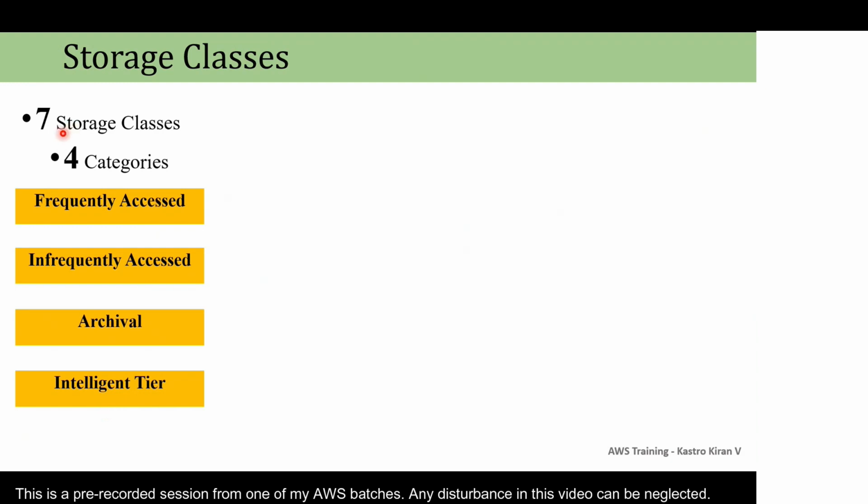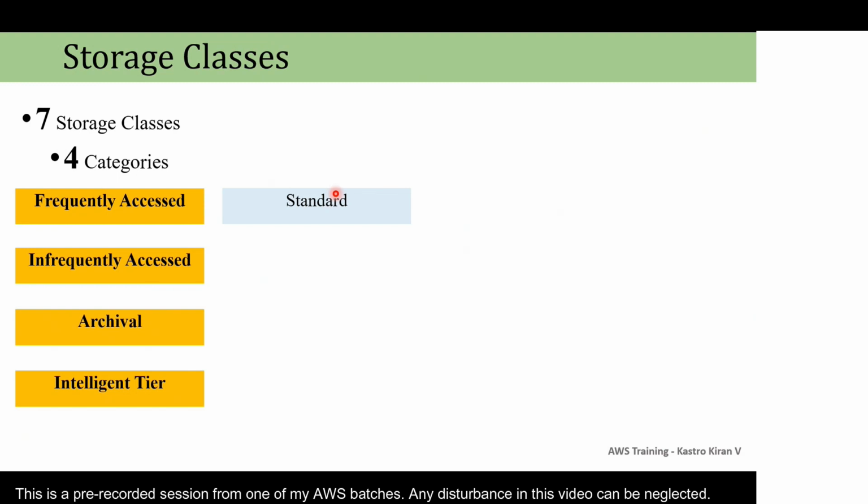Now, how many storage classes was I telling? 7 storage classes. Let me show you what storage classes are available in each category. Coming to frequently accessed, we have a storage class called the standard storage class. By default, this will be the storage class whenever you upload files.